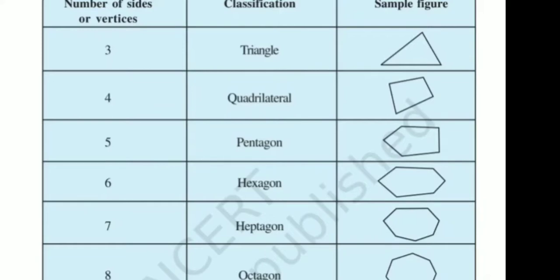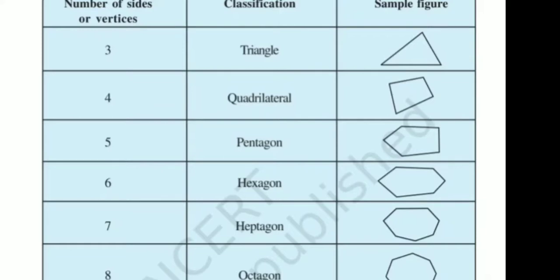Next is pentagon. So number of sides are 5 and number of vertices are 5. Next, hexagon means number of sides are 6, number of vertices is also 6. Next, heptagon, number of sides are 7, number of vertices are also 7.